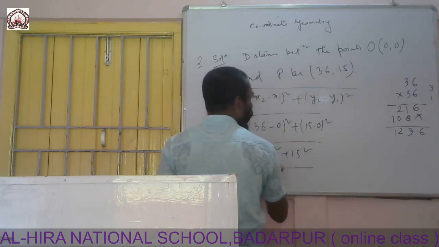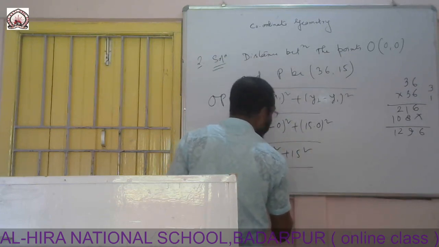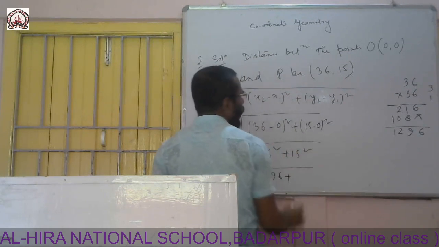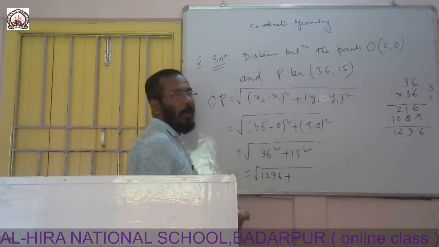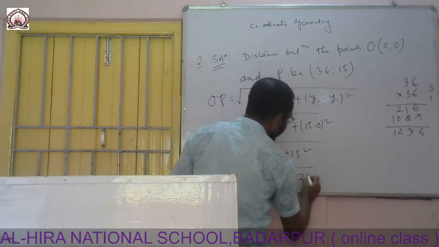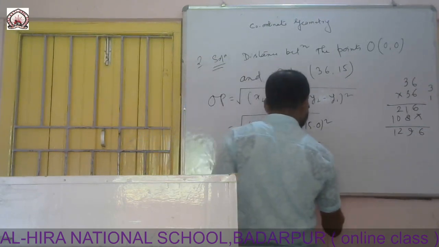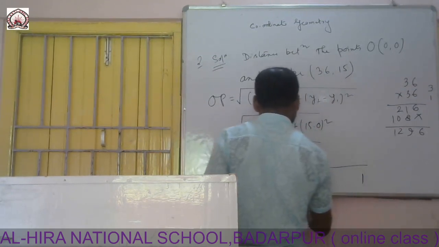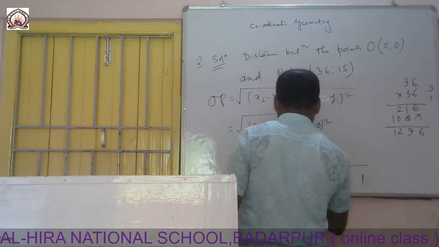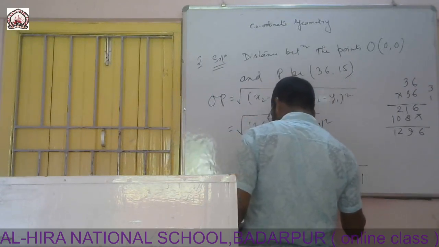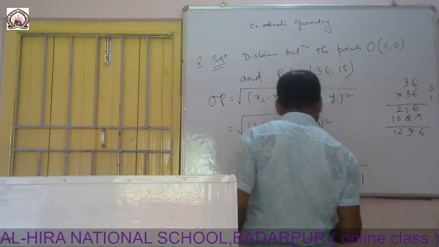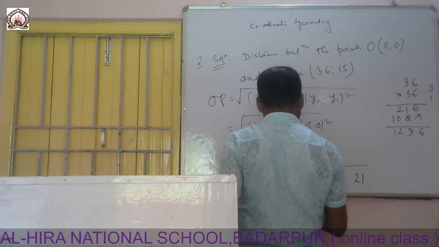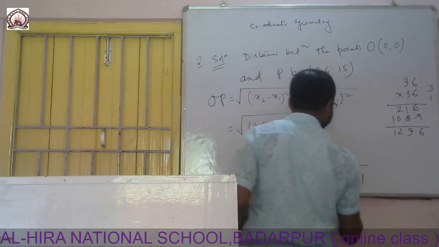So 36 square is 1296, plus 15 square. 15 into 15 is 225. If we add, we get 1521.